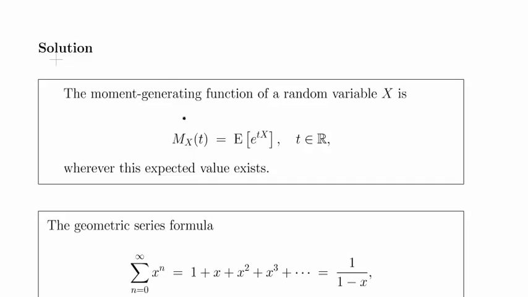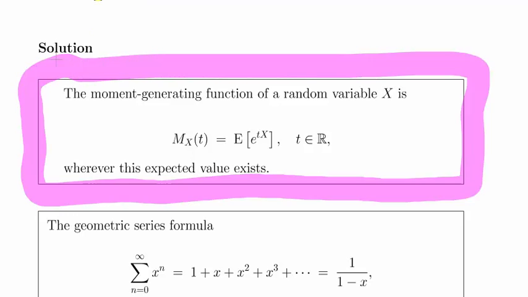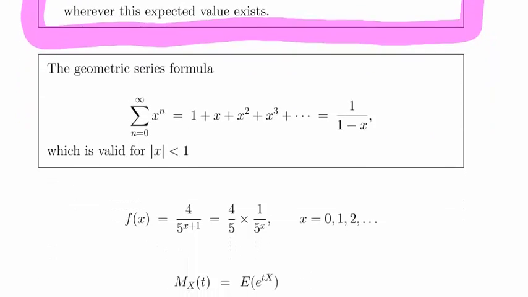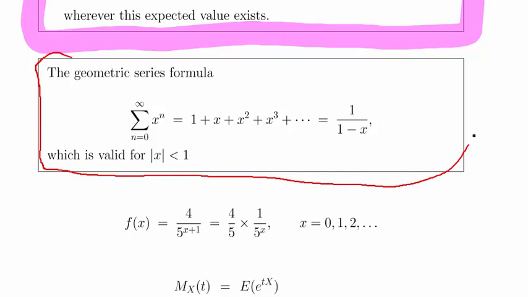So this is the definition of the moment generating function. This is the key thing to start off with here, okay? Essentially what we have here is the expected value of the exponential of t times x. With a lot of these videos, particularly with something mathematical, it's good to keep in mind a lot of fundamental mathematical theorems and definitions.